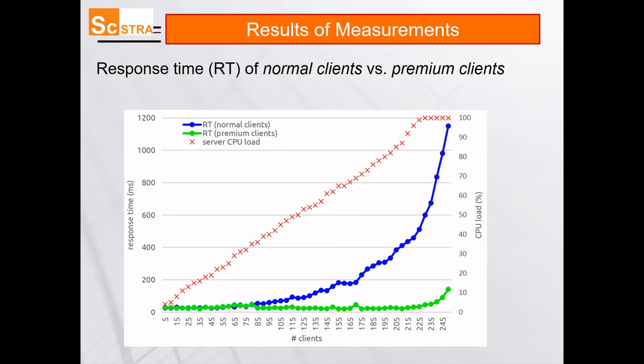It means that we have a good response time, we have a good quality of service, and we achieve a better experience for the gamers, for the users of our application. This is the idea of our approach here.